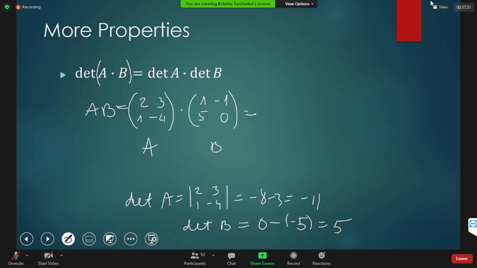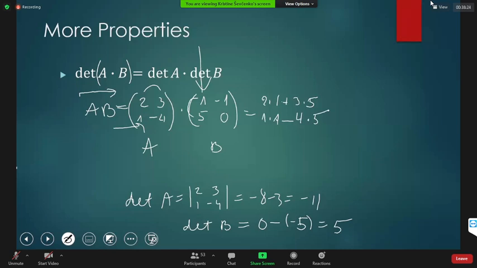Now the product of these two matrices, AB. Let's remember, we went horizontally through the first matrix and vertically through the second matrix, step by step, multiplying two numbers at a time. So 2 times 1, then we hop on to 3 times 5: 2 times 1 plus 3 times 5. Second row, first column: 1 times 1 minus 4 times 5.